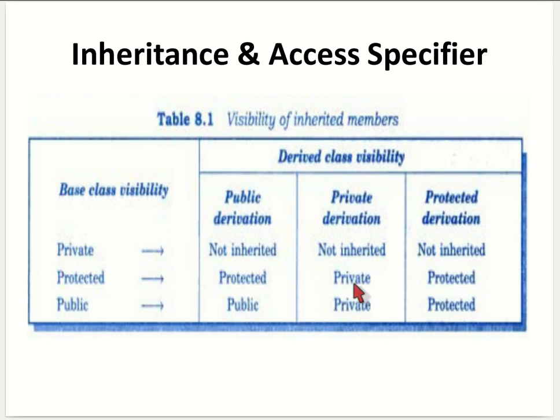If it is a private derivation, the protected will become private, and if it is a protected derivation, it will become protected. The only thing you need to remember is, if it is a protected derivation, the protected as well as public will be in the protected portion of the derived class.